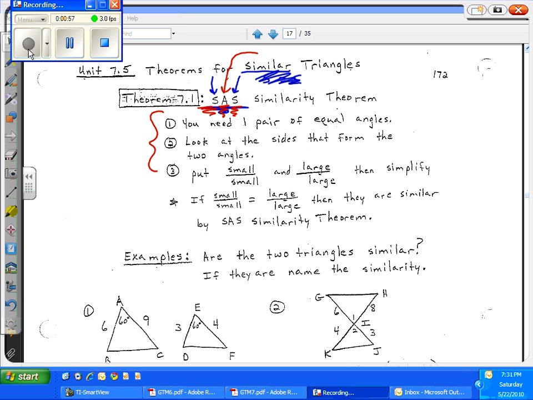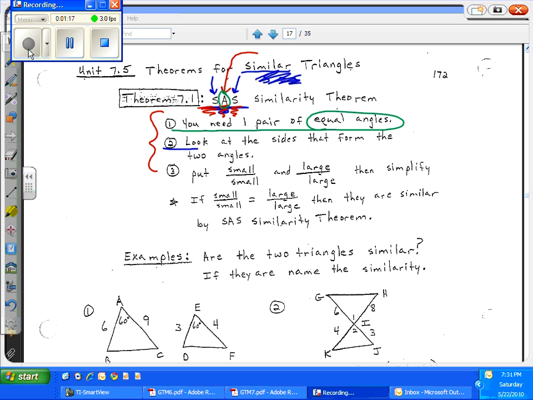So what we need is a pair of equal angles, because in similarity, corresponding angles are equal. And we need the sides that that angle is between. But instead of knowing that those sides are equal, we need to know that they're in proportion.